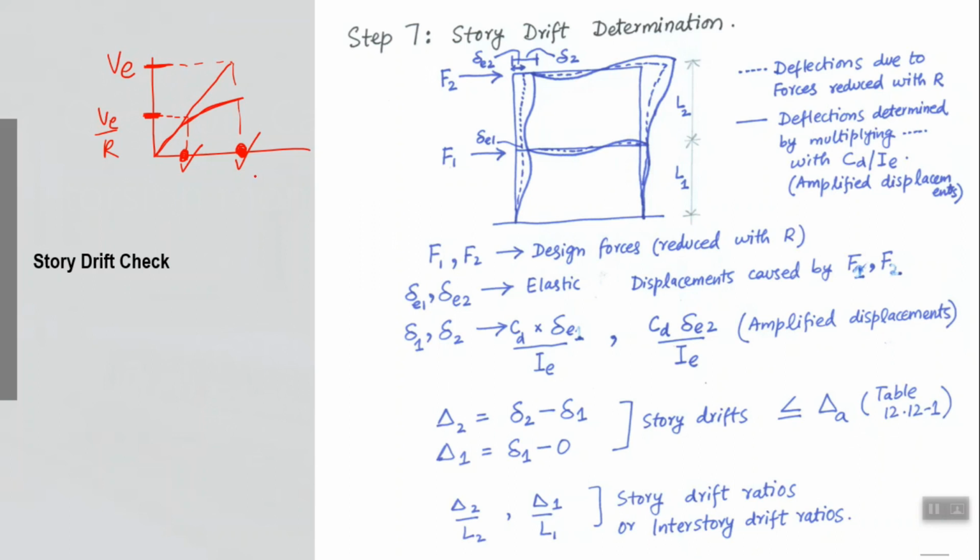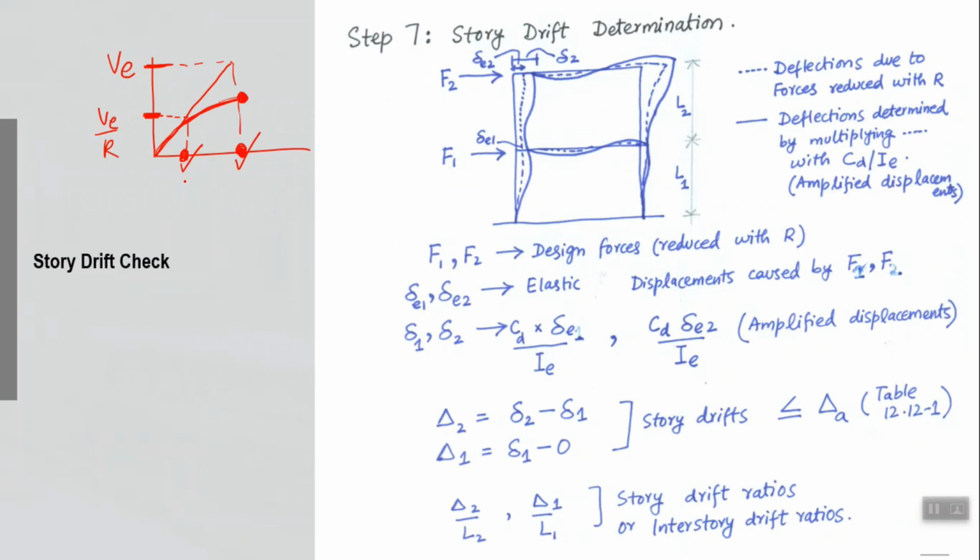Beyond VE over R, it will start showing some symptoms of nonlinearity because it is not given a capacity more than that, right. So based on its own ductility and overstrength, it will deviate from the straight line. So in the real earthquake it will follow this deviated line and it will reach almost the same point which our original elastic hypothetical structure would have reached, right.